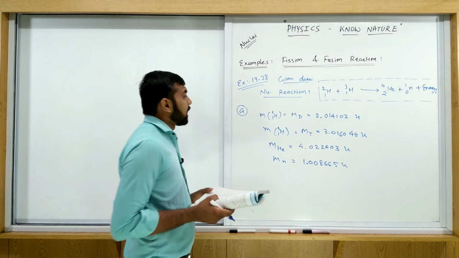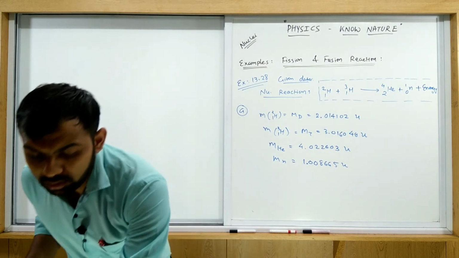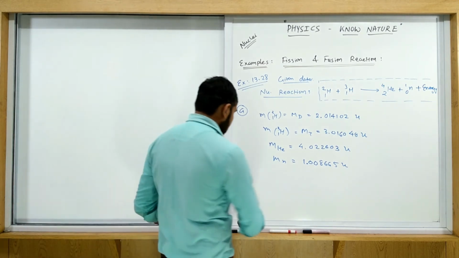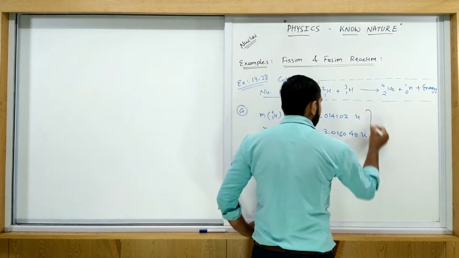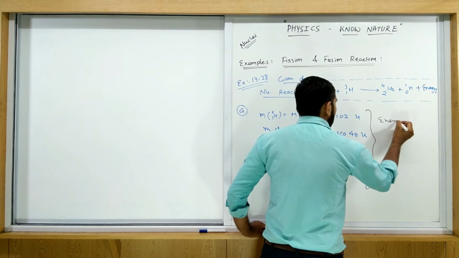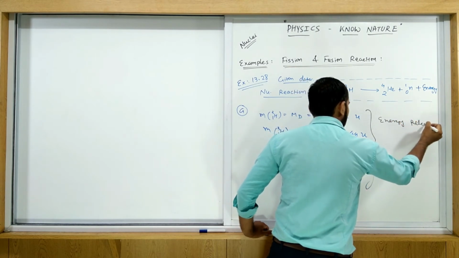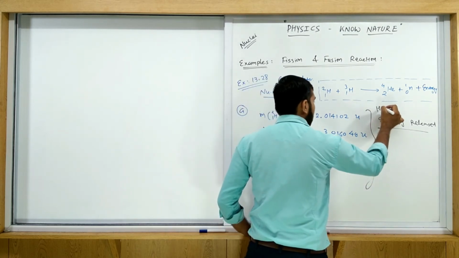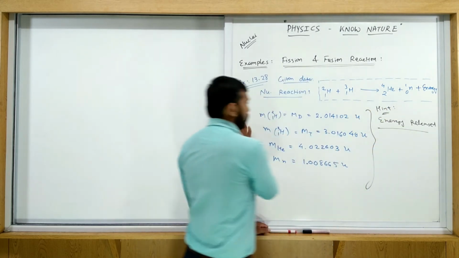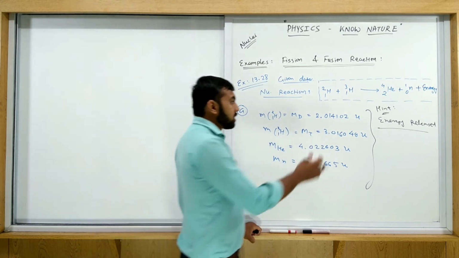This much mass is given here, and we have to find the energy released in this process. Very simple one. What is the energy released? First we write the hint for problem A. So Q is equal to the energy released.